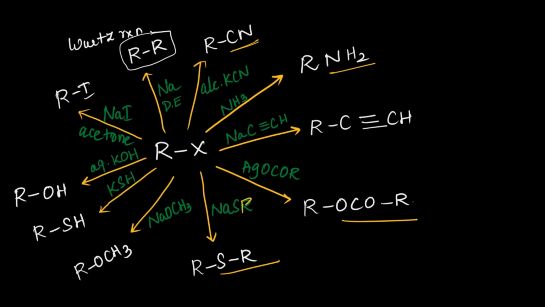It depends on the given R as well. Aqueous KOH, I told you guys, whenever you are seeing alcoholic KOH, that goes with elimination, and aqueous goes with substitution. So for substituting the OH group, I'm using aqueous KOH.